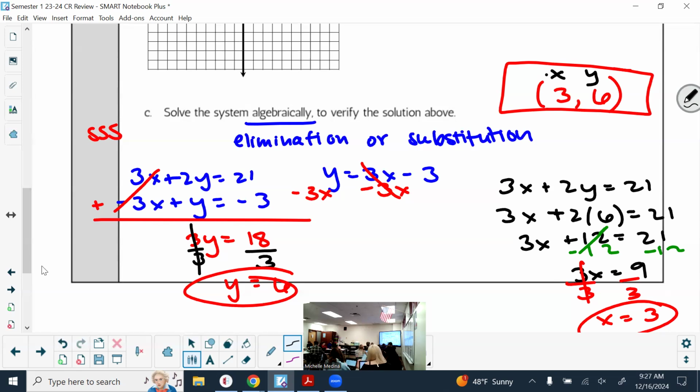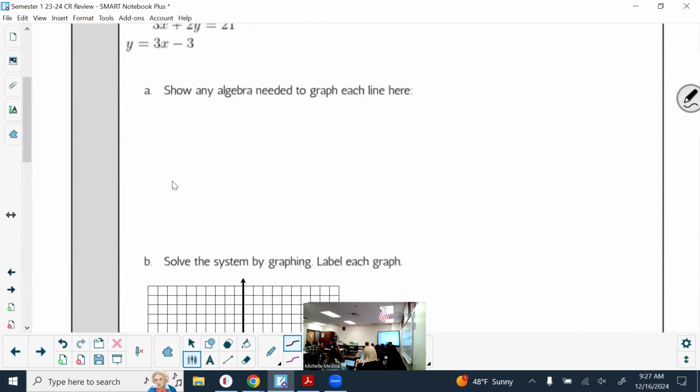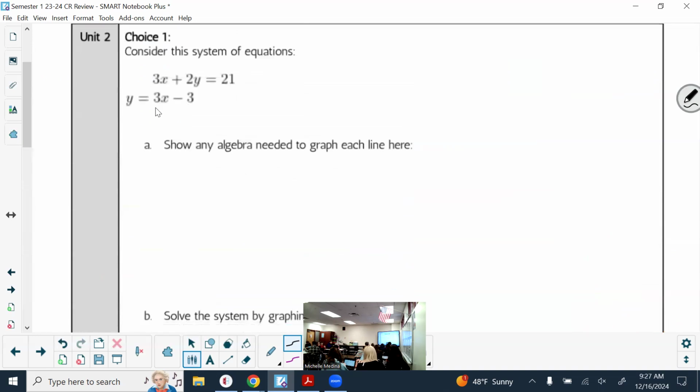Mandalay. The graphing. So for the graphing, I have my original system. One of them is already in the form that I like to graph from, slope-intercept form.